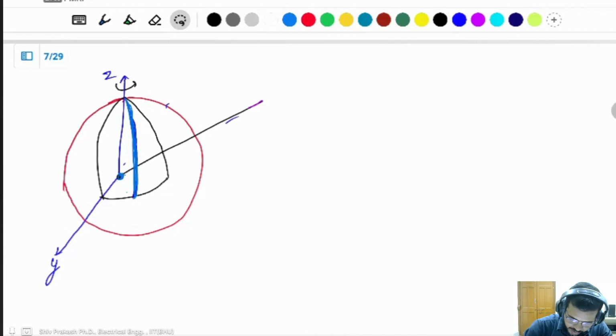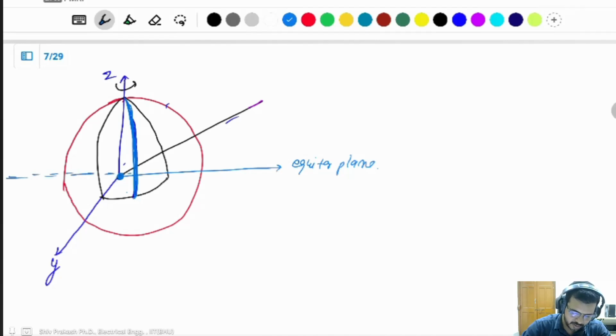Take this as the equator plane. This is half of the earth, this is the center of the earth, and this line is the meridional axis.